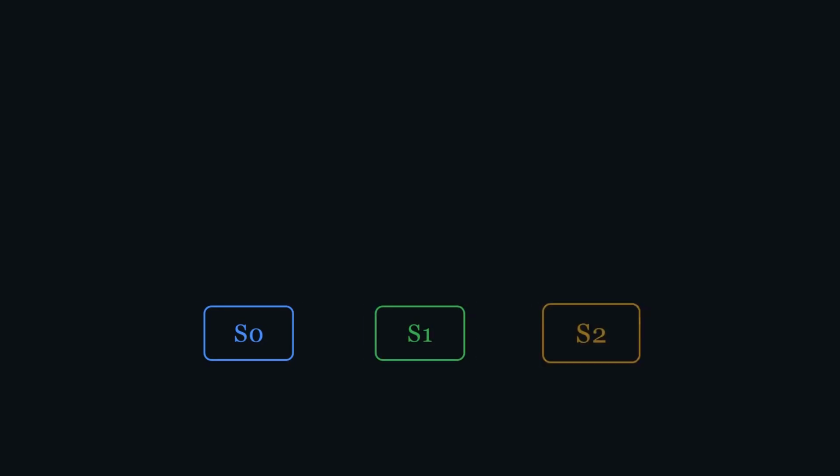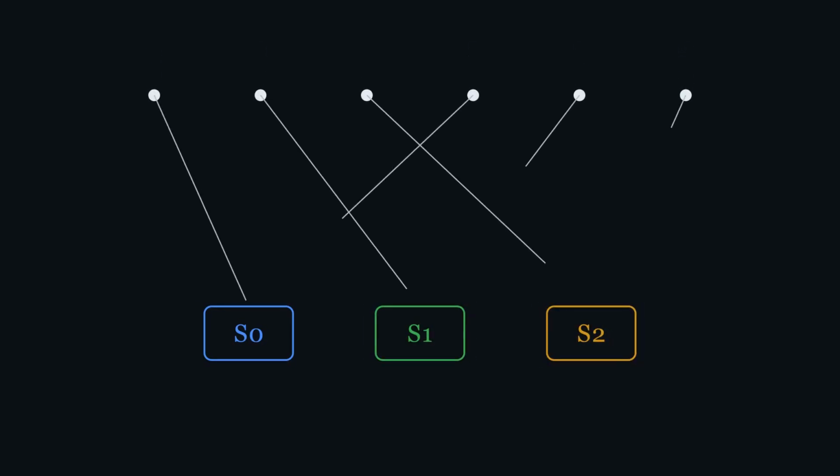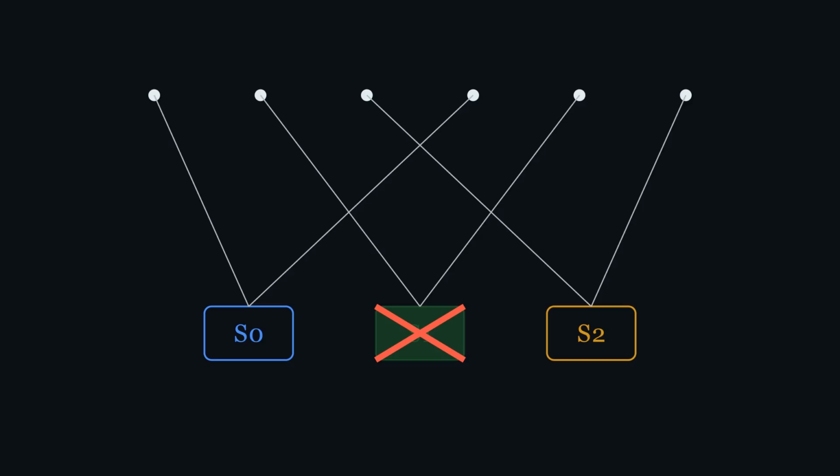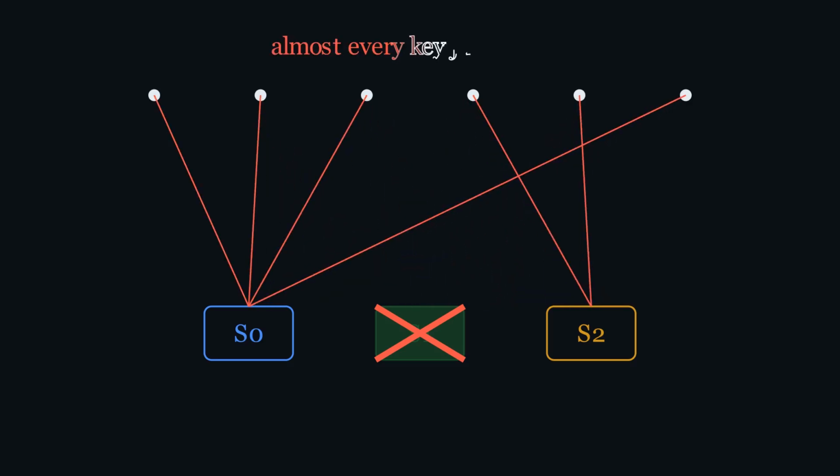3 servers and a million users. Which user's data goes on which server? The obvious answer, hash the user ID by modulo 3, works perfectly, right up until the moment one server dies. Then in an instant, almost every single key in your system is suddenly on the wrong machine.